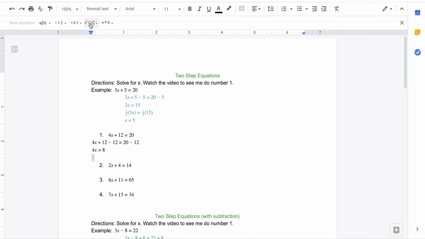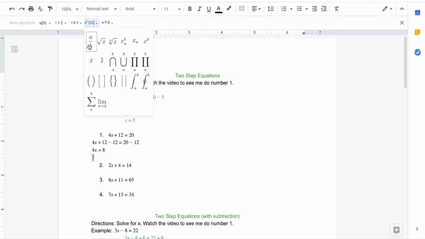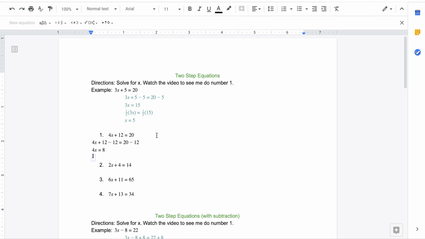So here you would want to go to insert fraction and then write down 1 and then hit the right key on your keyboard, type 4, and then hit the right key again to continue writing the rest of the equation.